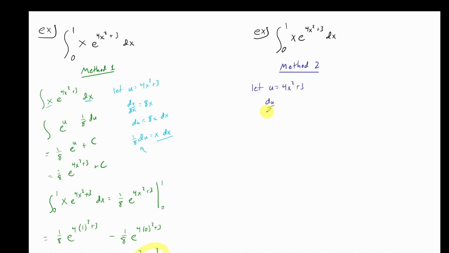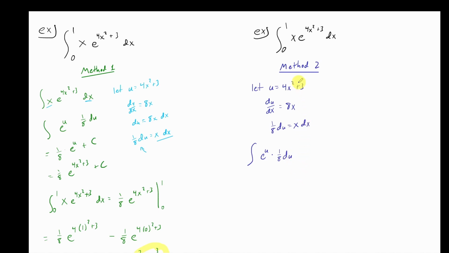So then du/dx is 8x. So 1/8 du equals x dx, dividing by 8 and multiplying by dx in the same step here. Okay. So when I write my integral, I have an e to the u. The x dx is going to become a 1/8 du. So everything looks the same so far.